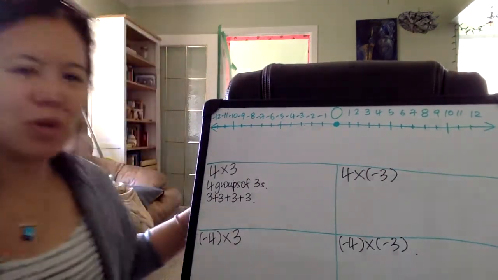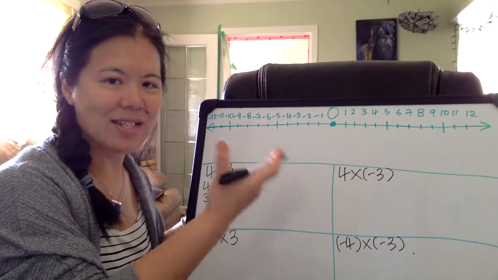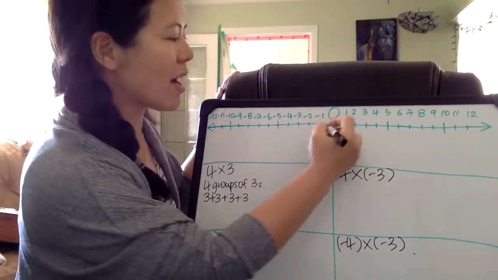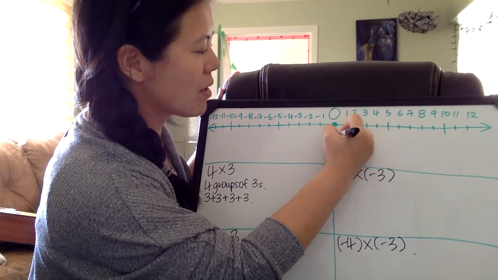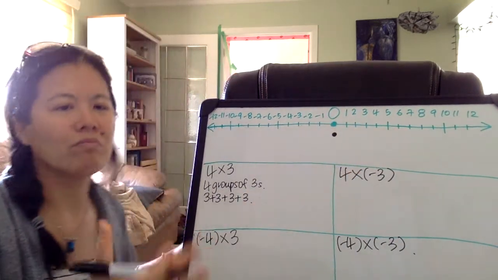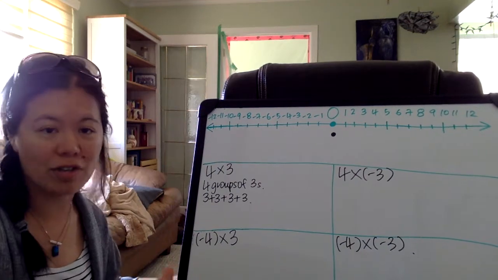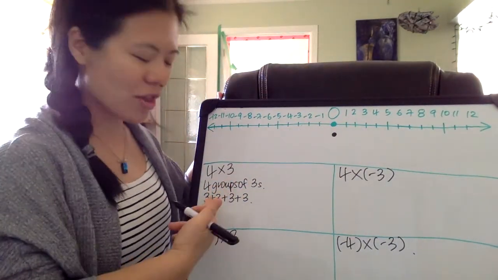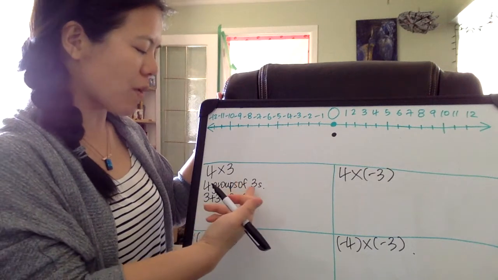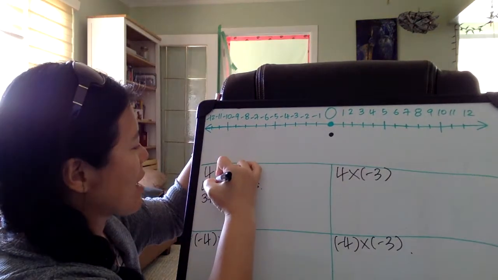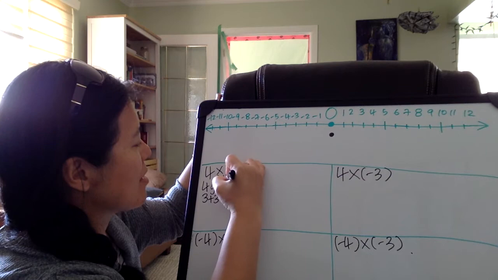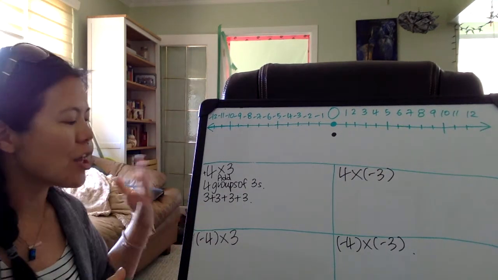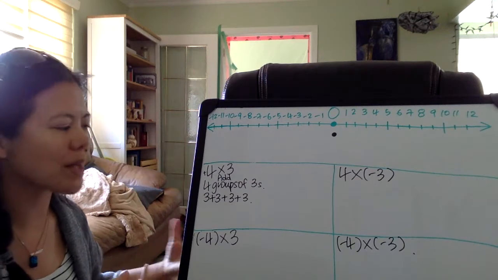So how would you represent that on a number line? You could start with a 0 here, your base point. You start at 0 and you add 4 groups of 3s. This is a positive. 3 plus 3 plus 3 plus 3.